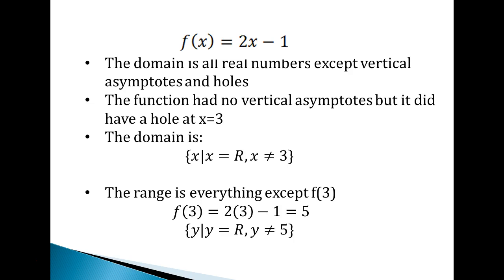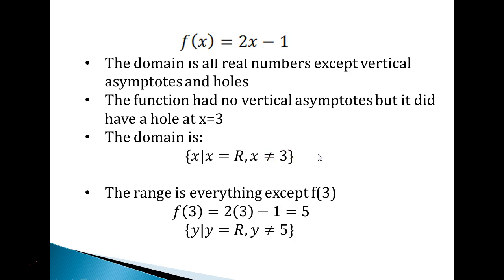Well, this function, 2x - 1, has no factors in the denominator after we got rid of the holes. Therefore, it has no vertical asymptotes. But we know from our previous work that it does have a hole at x = 3. So the domain then is x is equal to all real numbers except 3.